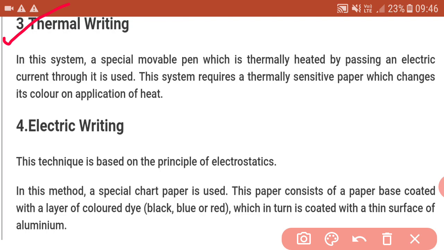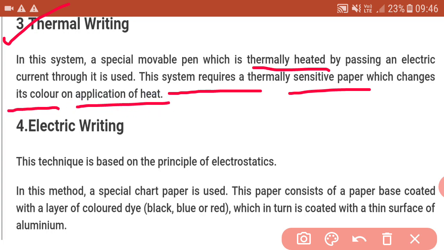This system requires a thermally sensitive paper, which changes its color on application of heat. So normal paper will not be used in this case.